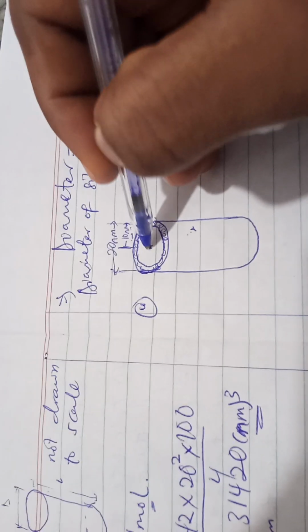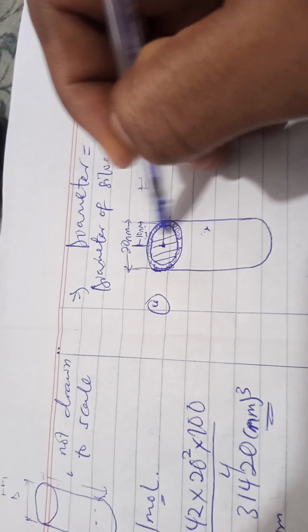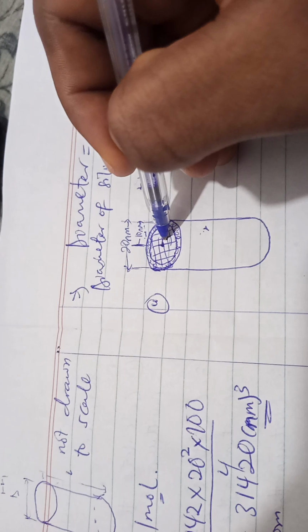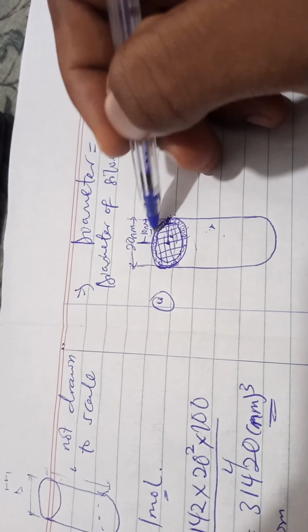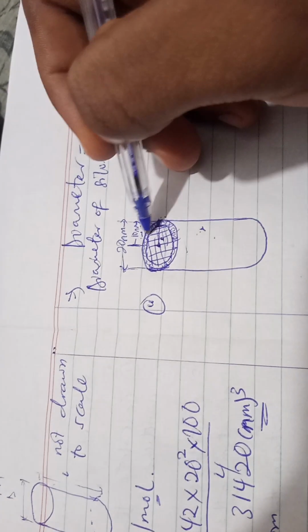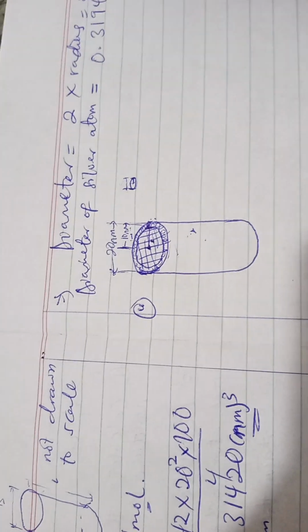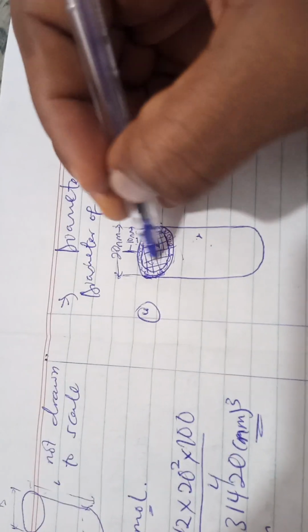Once we find this distance, we can find the volume of this part. And if we subtract this volume from the total volume, we will get the volume of the part occupied by the atoms. And once we get that volume, we can find the number of atoms in that part. So that's what we are trying to do. Okay, so let's find the volume here.